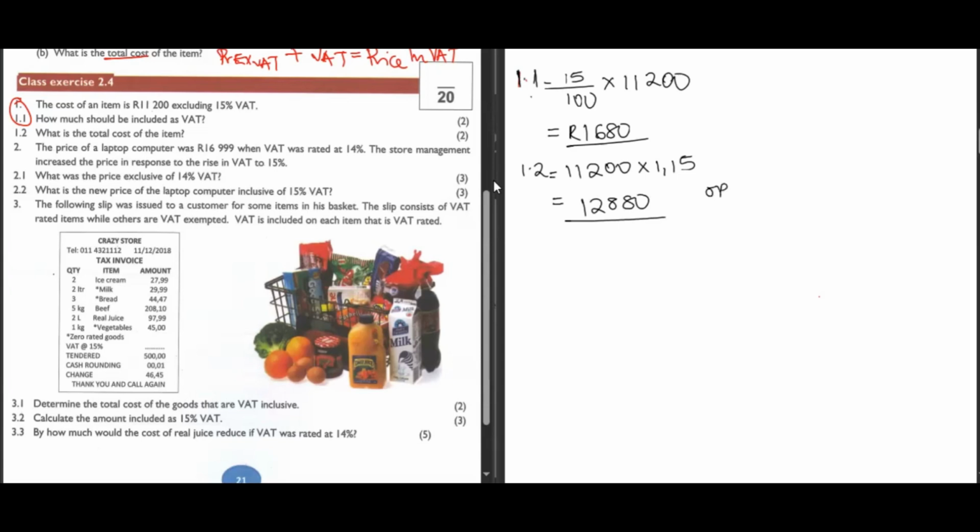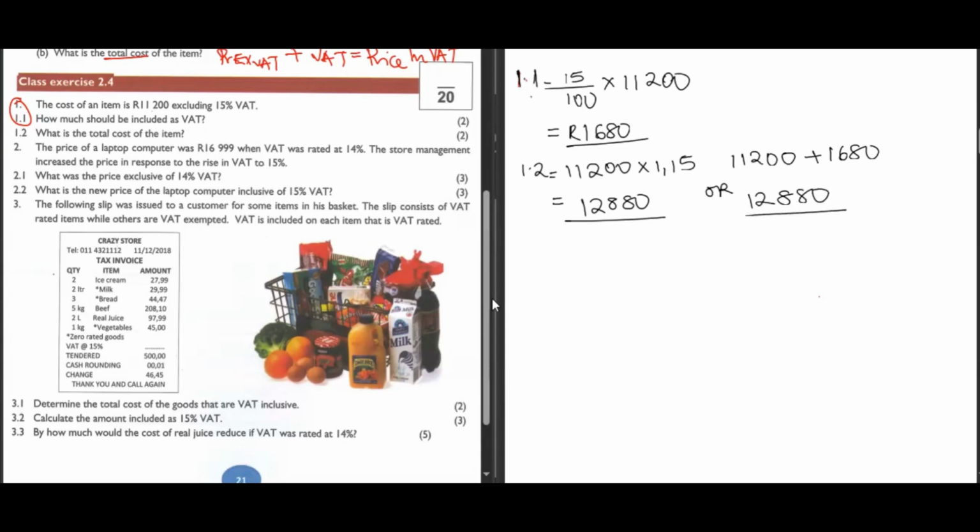Someone else would have taken the price that they were given, excluding VAT, plus 1,680. This will still give you 12,880. This is also okay.